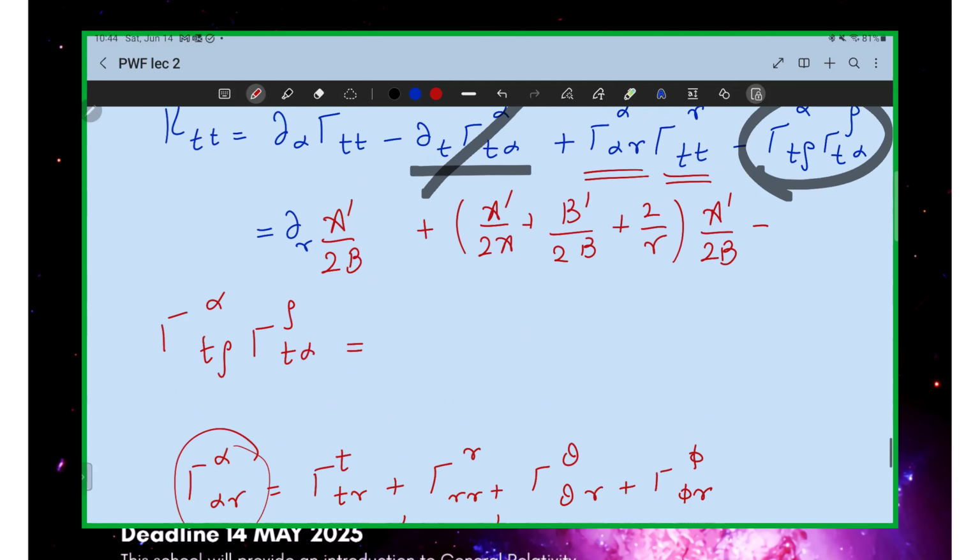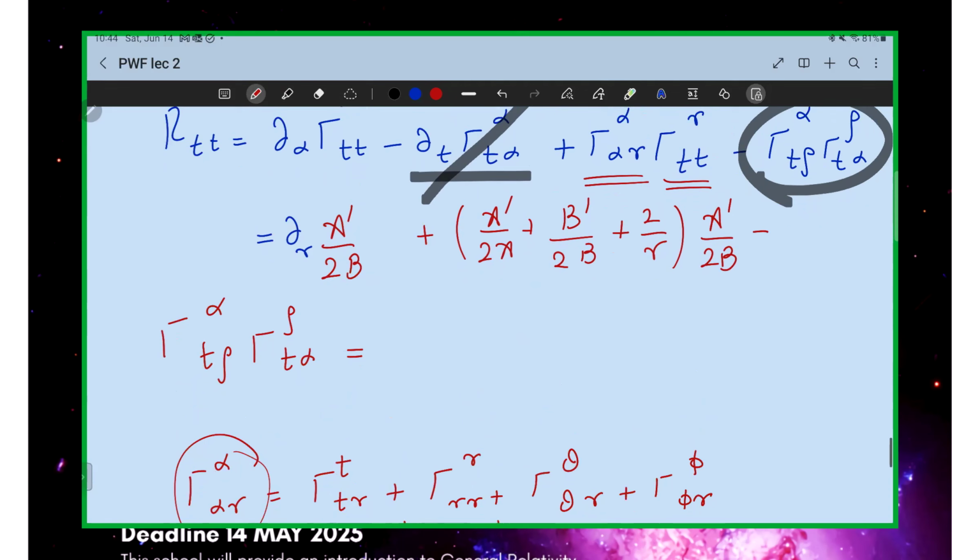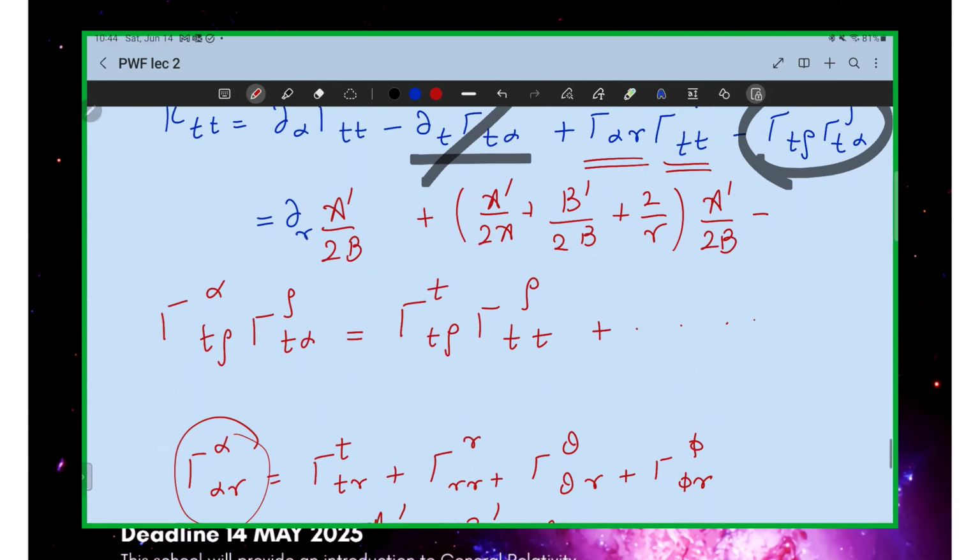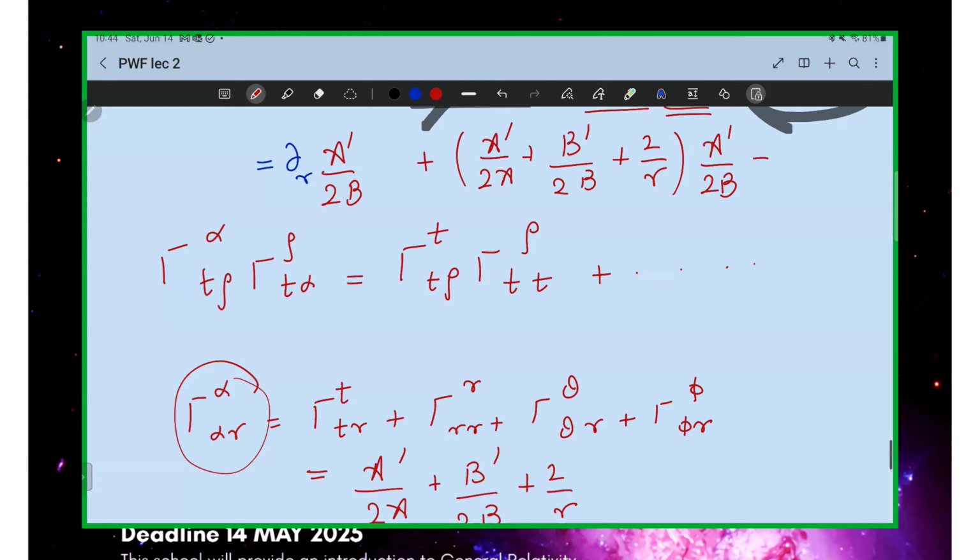Now this term can be done point by point. So you can sum on one index first. For example, alpha can go from time to whatever. But the thing is that when you have this first term, again, you have TT.